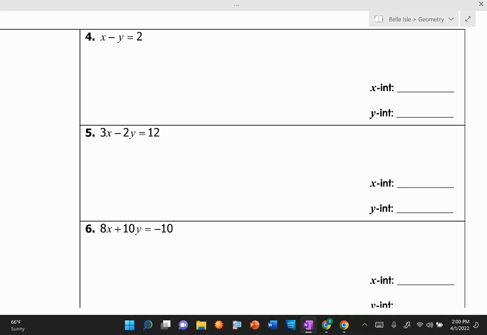Doesn't count. Okay, number 4. What do we notice is different about these than from the front? Both variables are on the same side, right? So what form is this? The front page was all slope-intercept form.